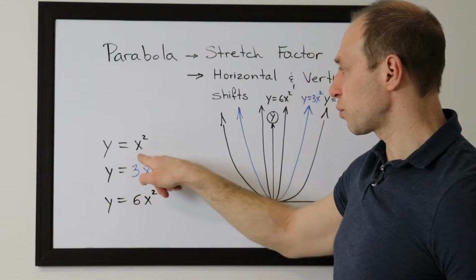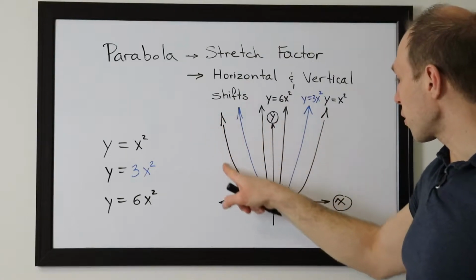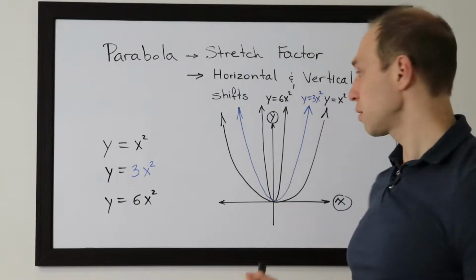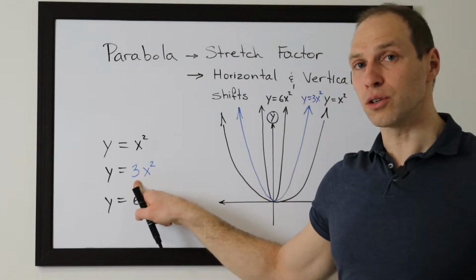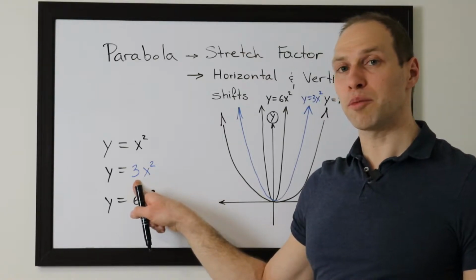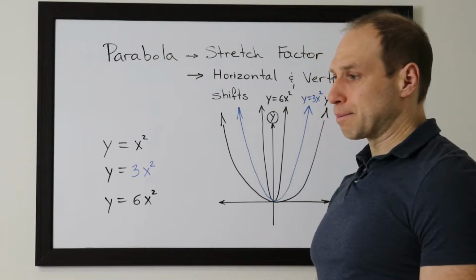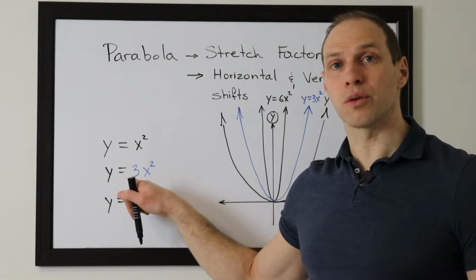So if you have just a regular parabola, which is y equals x squared, it will appear as something like this. Something that's very wide, and as the number increases in front of it, usually if you're talking about a number that's in front of an x value for something like a linear equation, that number usually represents the slope.